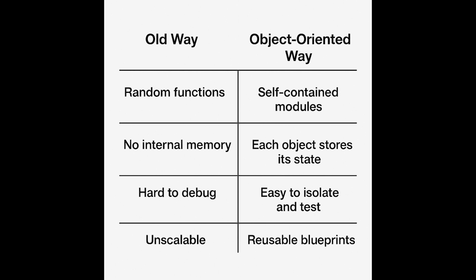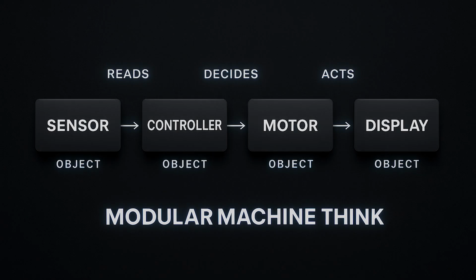They hold on to state, they follow their own logic, they boot, respond, and power down like machines really do. And this is how modern embedded systems are actually built. Whether you're working on drones, satellites, medical implants, or even brain-machine interfaces, everything is modular. Each component is an object, and each object is a brain. And together, they form a system that thinks.